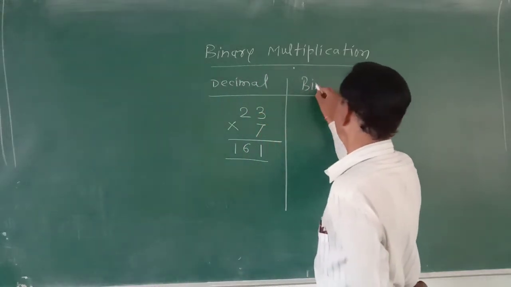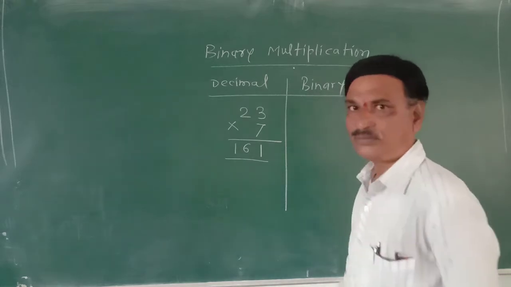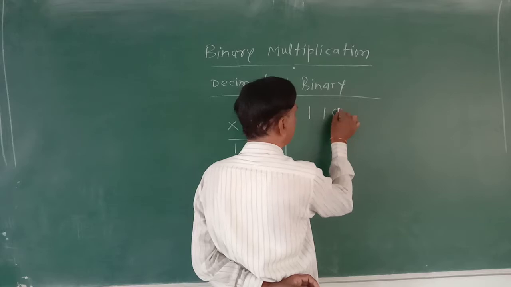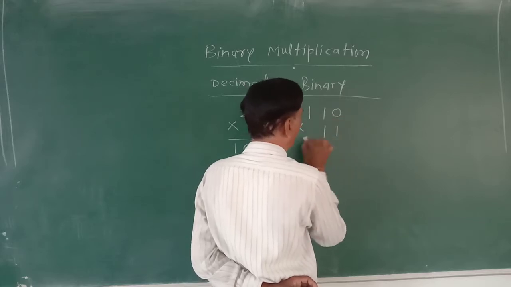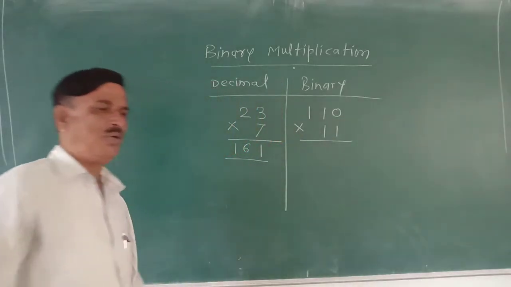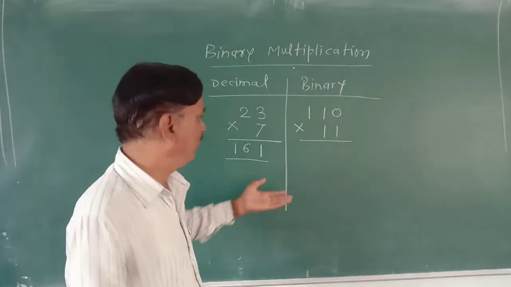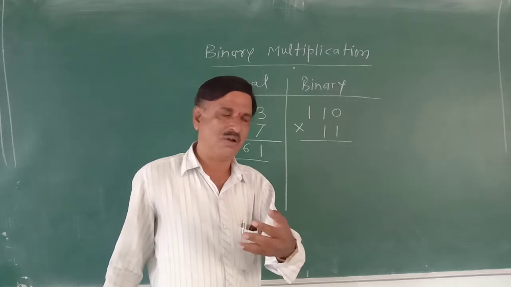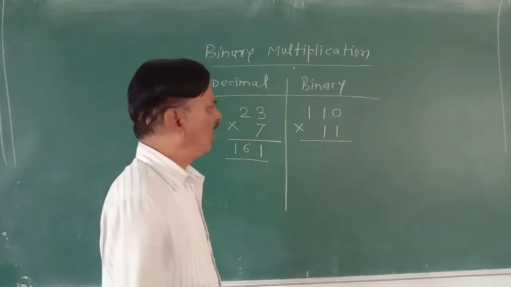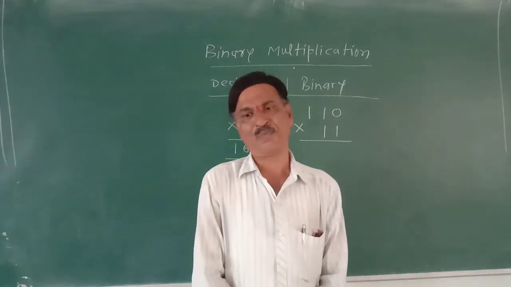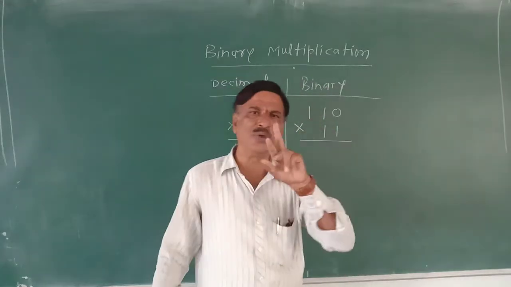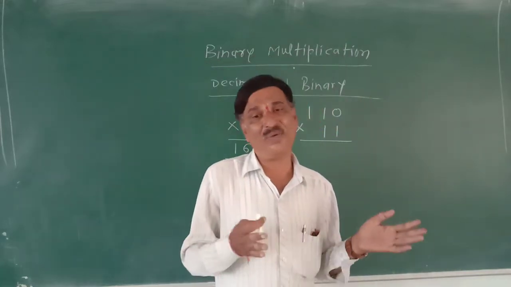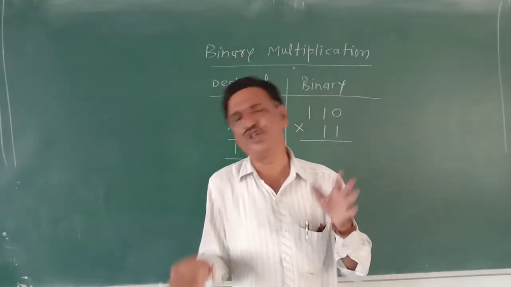Now we are going to see binary. In binary multiplication, suppose 1 1 0 multiplied by 1 1. Before we see the result, let us discuss. In the binary number system, there are only two digits, 0 and 1, and the binary 1 and 0 are equivalent to decimal 1 and 0.